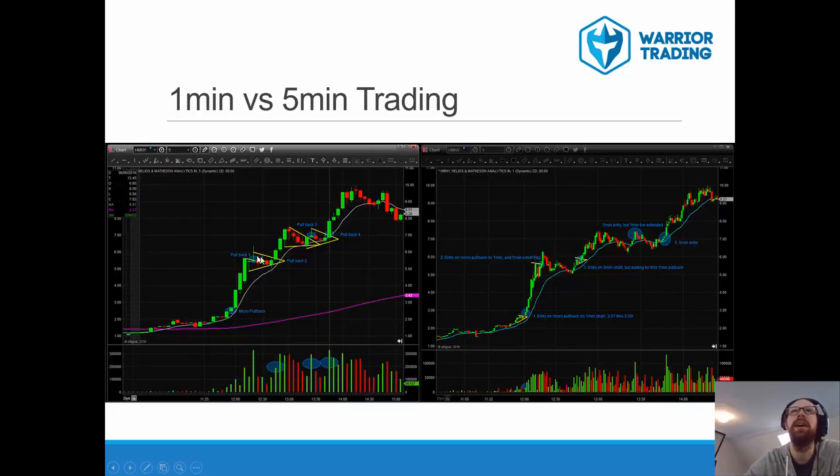However, getting in this area, risking 10 grand is a much better risk reward ratio, because if it works, your stop is here, your profit target for 1-to-1 would be here, that would be 10,000 profit. You're risking 10,000, profit here, 20,000's here, 30,000's there, 35,000's here. That's something that you can manage your risk on with that 2-to-1, 3-to-1 ratio, but not when you get in on a really extended 1-minute setup.